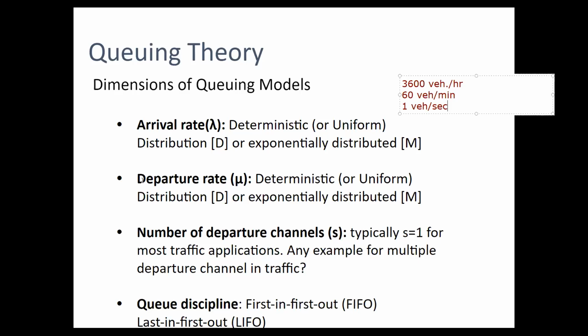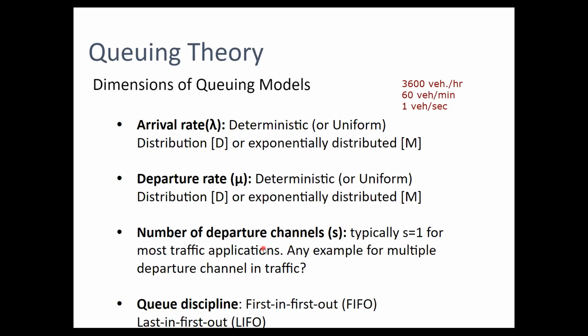So that's the idea of the departure rate. How much time does it take to serve you? And based on that, you figure out how many passengers or cars or travelers could be served per minute or per hour and so forth. Okay, so that gives you the idea of your departure rate. This departure rate is typically represented with a mu. And again, you could have deterministic or uniformly distributed.